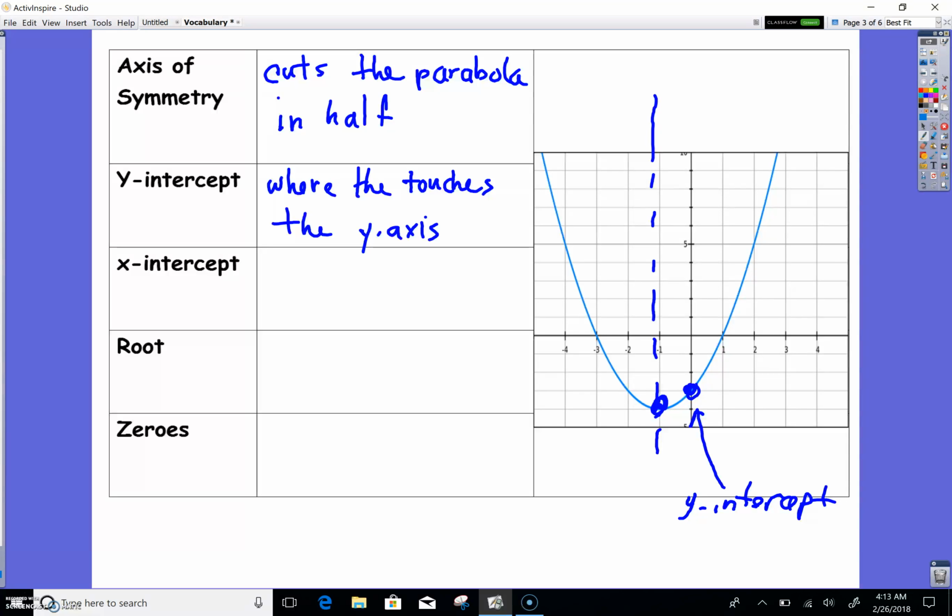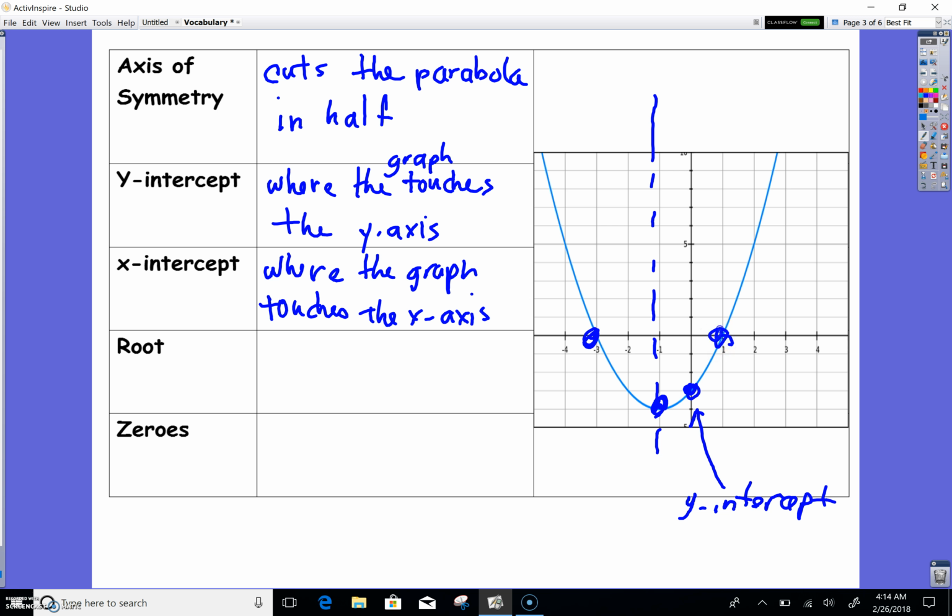The x-intercept is where the graph touches the x-axis.